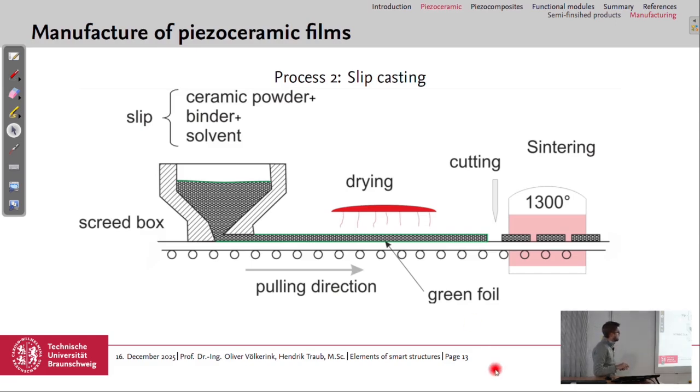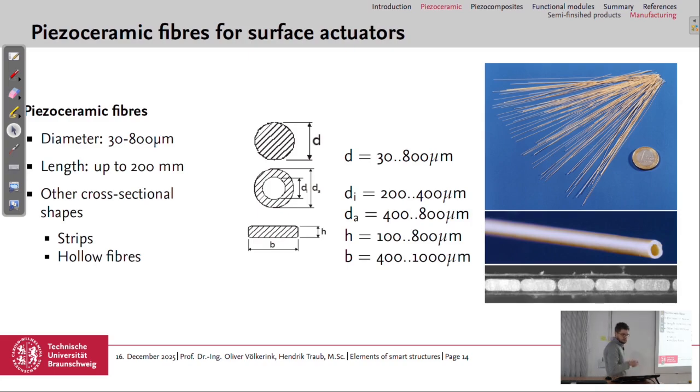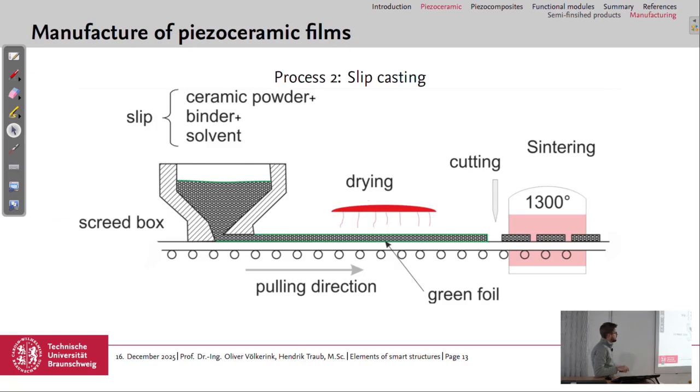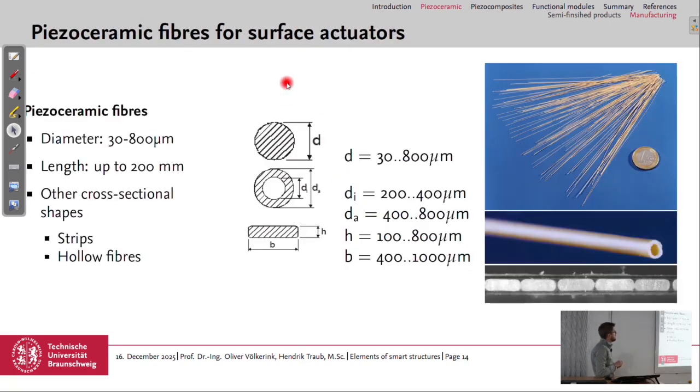And afterwards you cut it to size and then go through a sintering oven or furnace and have the unpolarized ceramic material afterwards.